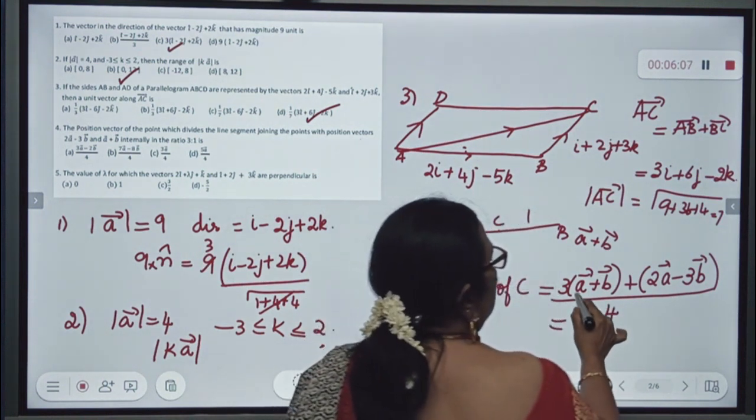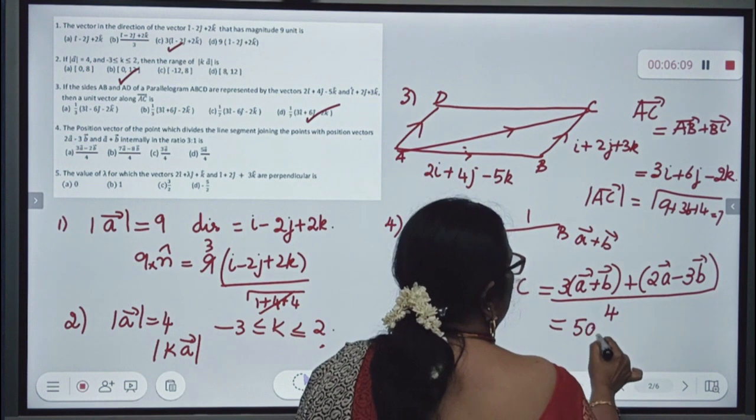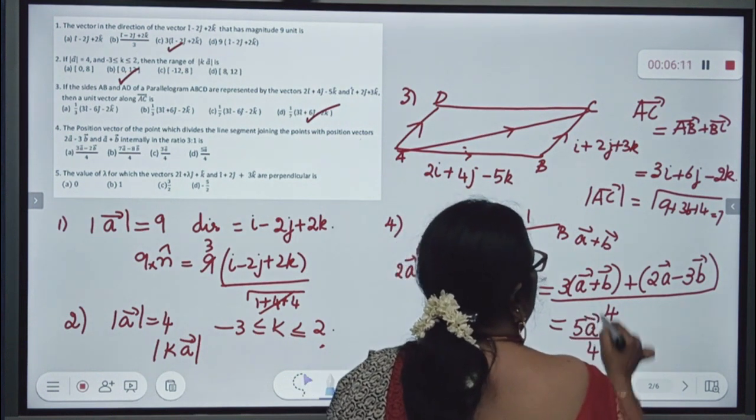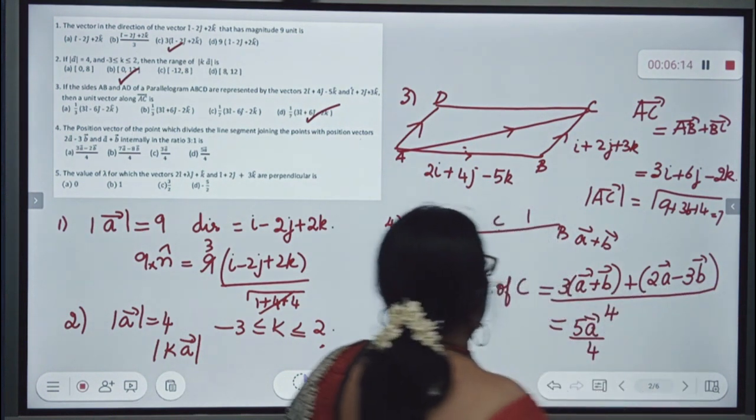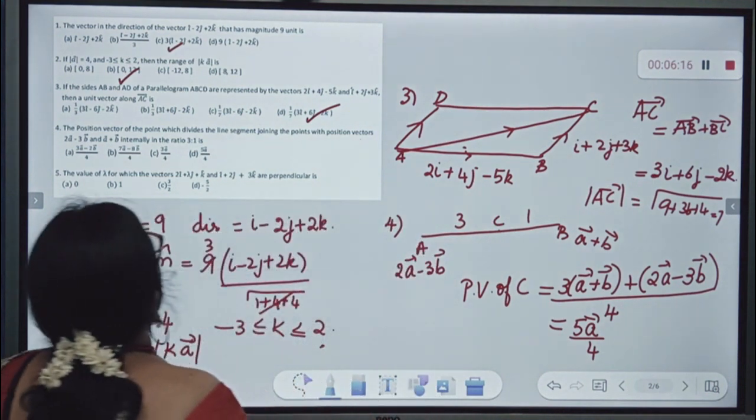This is 3a plus 2a, which is 5a, by 4, because the b vector gets cancelled: 3b and minus 3b cancel. So the answer is 5 times a vector by 4.